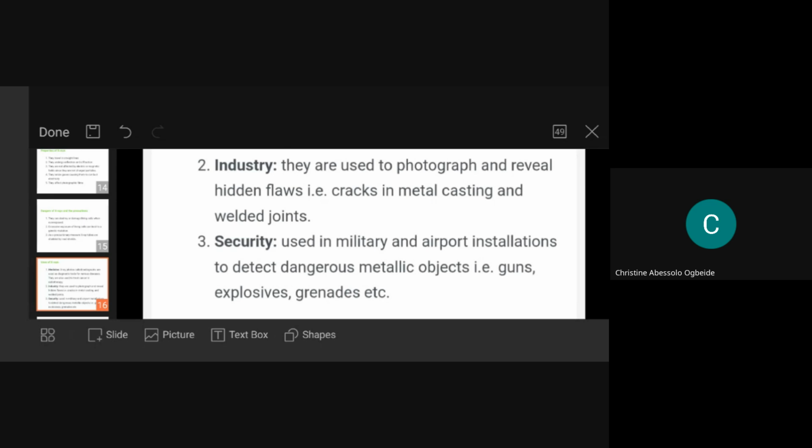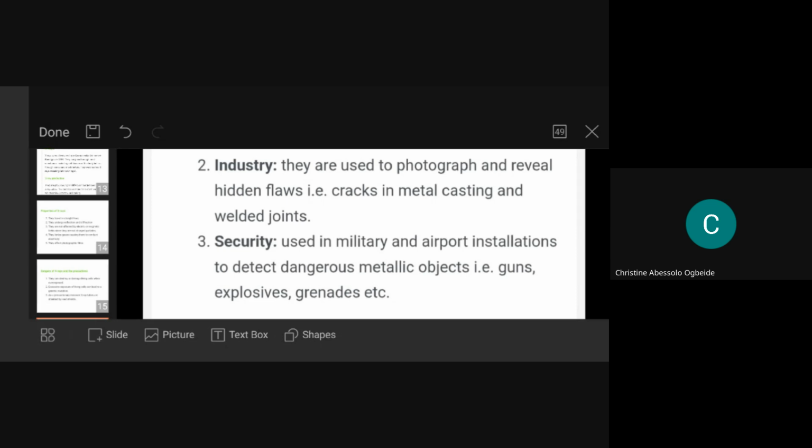Part of what they use to ascertain whether you have anything dangerous, like a gun or any explosive gadget, is this radiation. You're being exposed to this radiation, even though you might not know, so that they ascertain whether you have something that can cause damage or even take the life of anyone in that airport. So these are a few uses of X-ray.